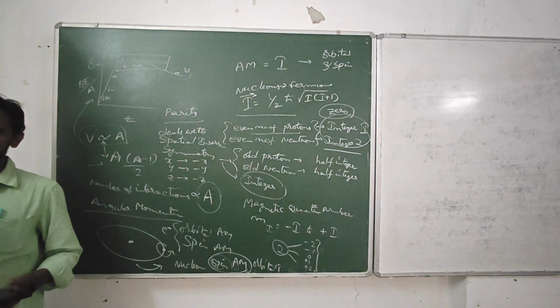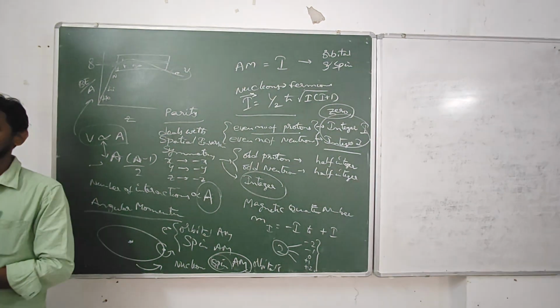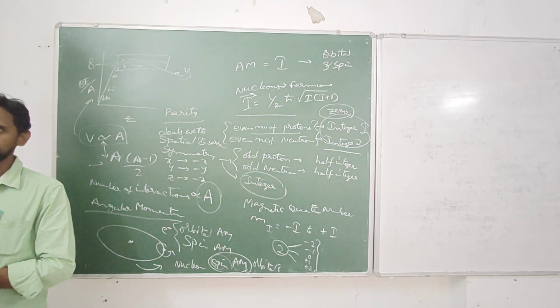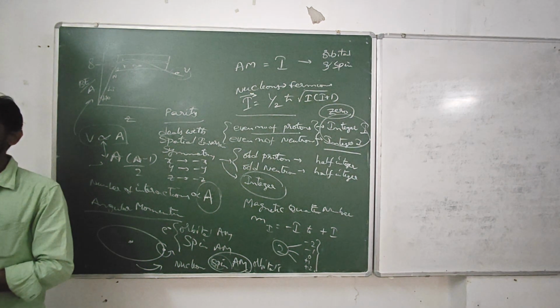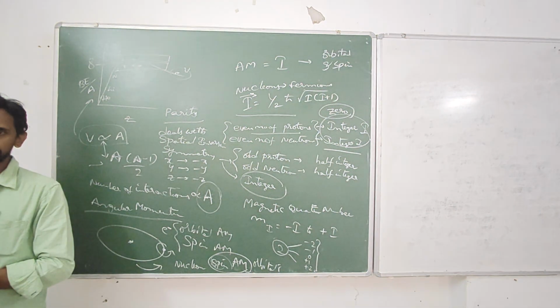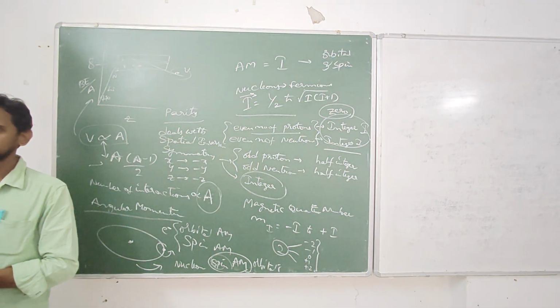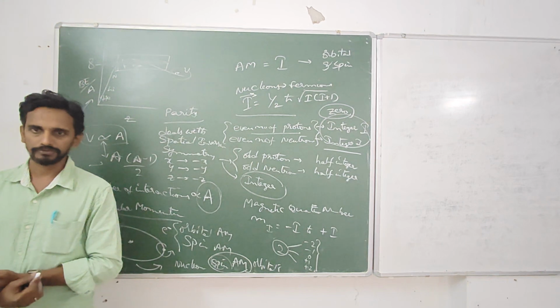What is the final configuration? Does it change? If it changes, it is called negative parity, minus 1. If it does not change, you call it positive parity, plus 1.